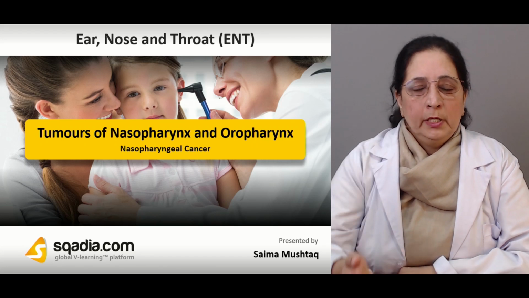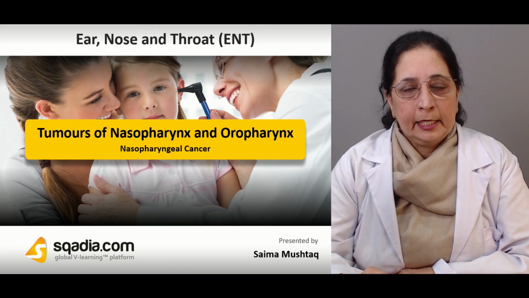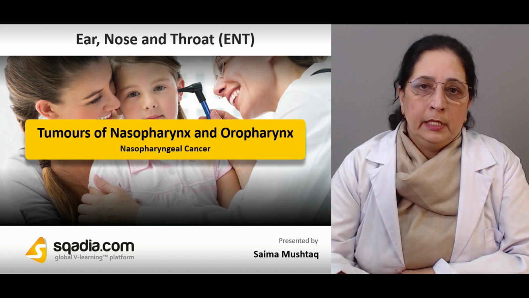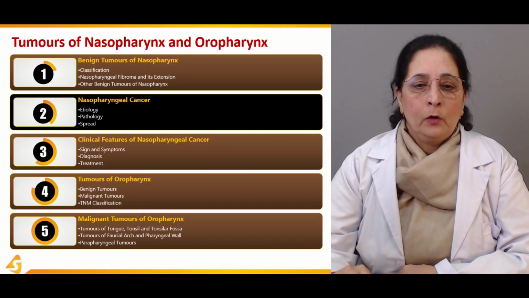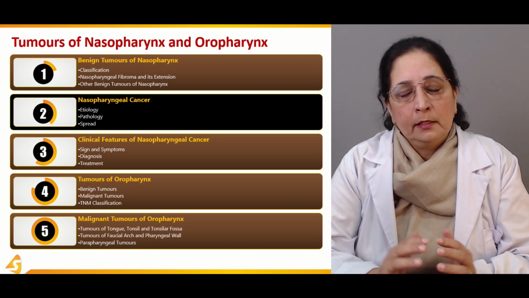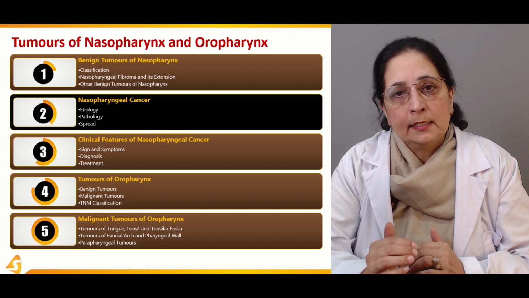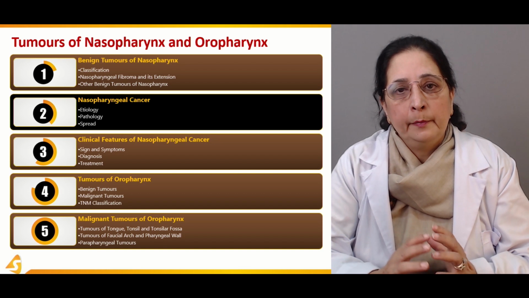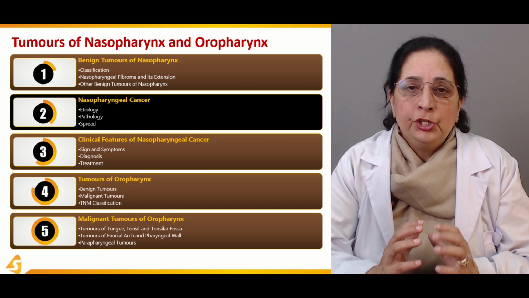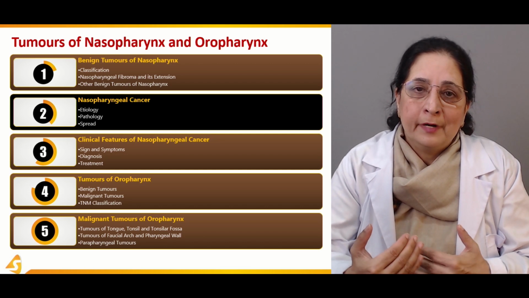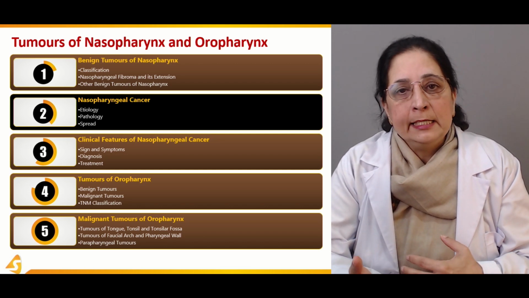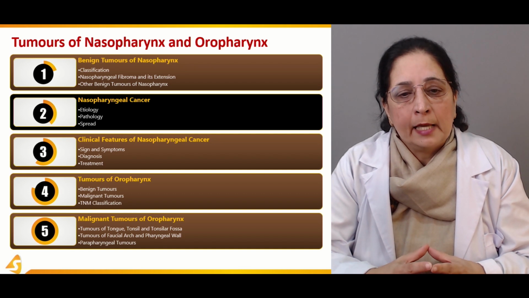Let's go to the second section, and in this section we will talk about nasopharyngeal cancer. The topics which we will discuss in this section will mainly be the etiology of nasopharyngeal cancer. What are the different causes that can lead to it?